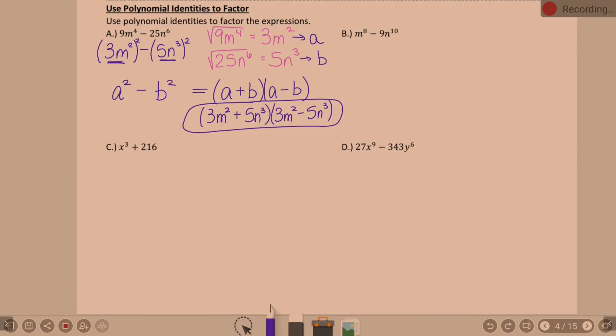Oh, we don't have to solve? No. If you solve it, you're going back to the original answer. Oh, that's true. Fair enough? Okay. What we're doing right now, folks, this problem was just a fancy version of x squared minus 25. Have you factored x squared minus 25 before?